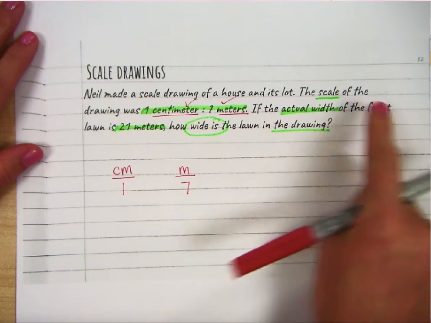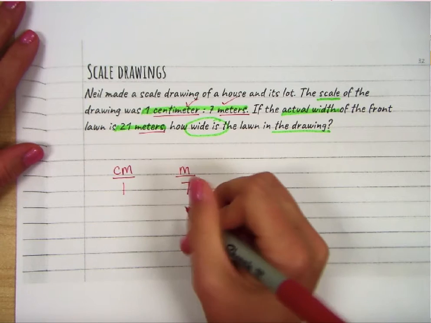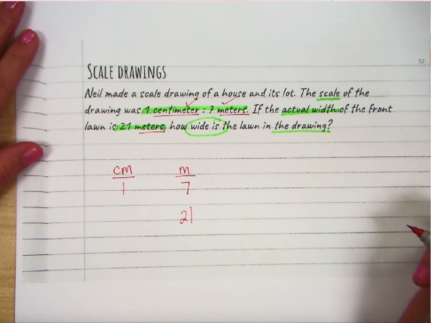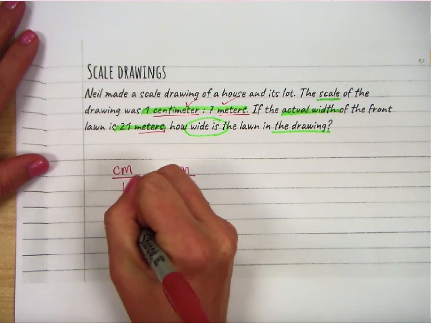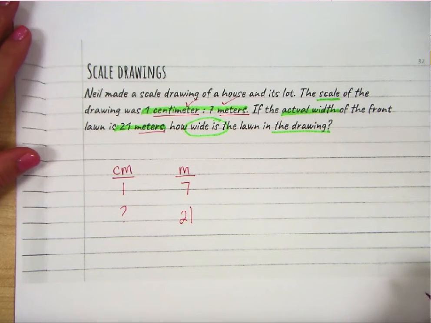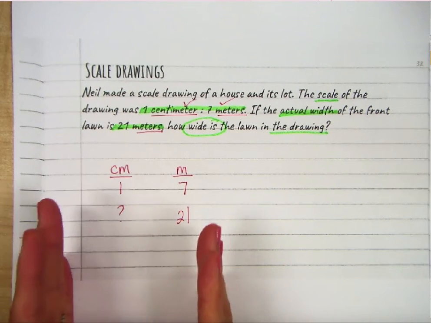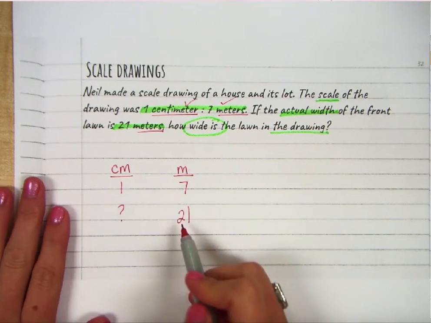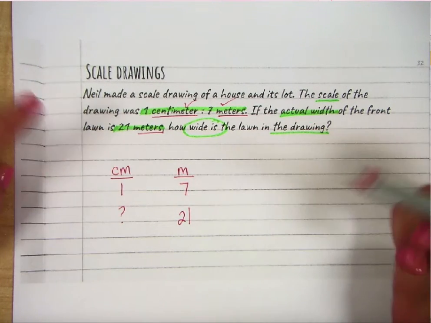It says the actual width of the lawn is 21 meters. So I know 21 goes on the meters side. And the question is, how wide is the drawing? Well, that's our centimeters, so I don't know. So that's the first step, setting it up in your columns, making sure you keep units together, and making sure that your scale stays together.